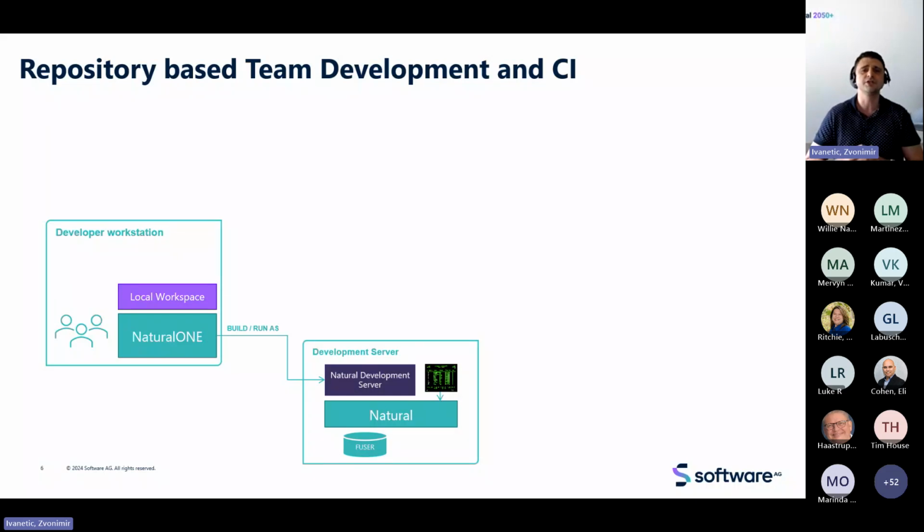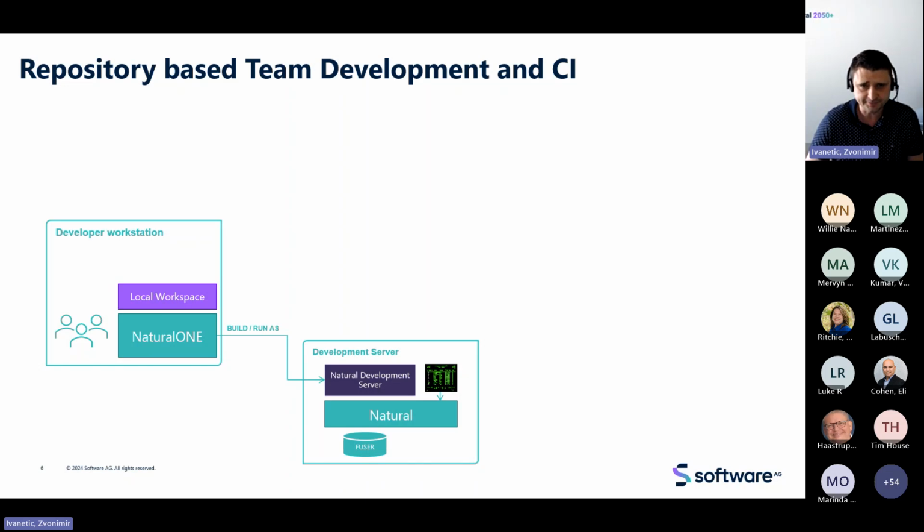As you see on the slide, we have the developer workstation, in this case with NaturalONE, connected through Natural development server connectivity remotely, and in this case it can work in a remote server mode against the development environment where your Natural runs and where the sources are located in the FUSER. In this server mode approach, you can also operate in parallel with a green screen editor.